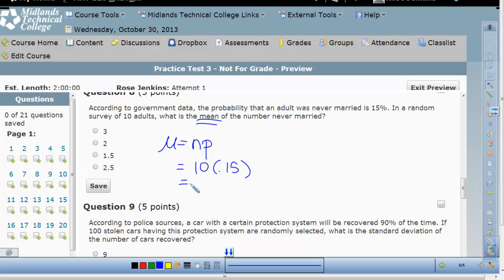So we multiply those 2 together, we get 1.5. That's the mean number of people, the long run average number of people out of 10 who never marry. That's all you have to do. But you've got to know first that it's binomial, and you need to know the formula for the mean of a binomial distribution.